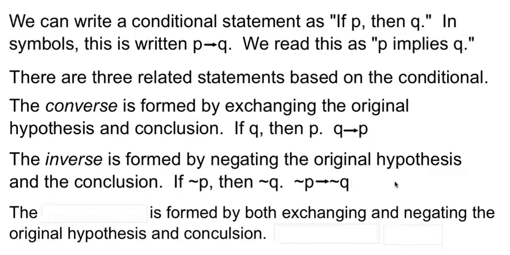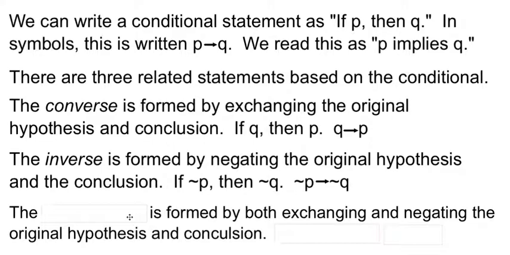So considering again that last one, the inverse would be if angle A is not acute, then its measure is not 35. Okay, sticking that not in there to negate those.